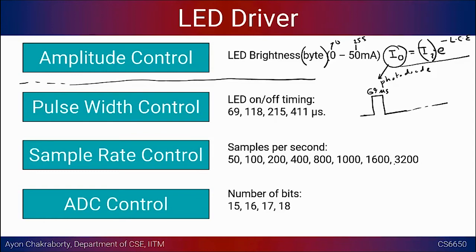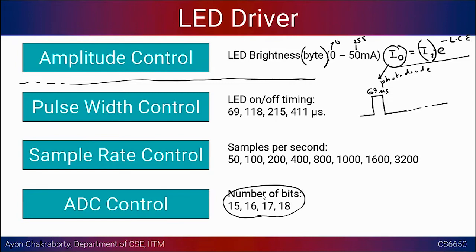As you have already seen earlier, if you demand more and more samples per second, the resolution you get out of the ADC is going to reduce. If you are using 15 bits, of course you can use lots of samples per second, whereas if you want a higher resolution, let's say 18 in this case, you won't be able to use very high sample rates.